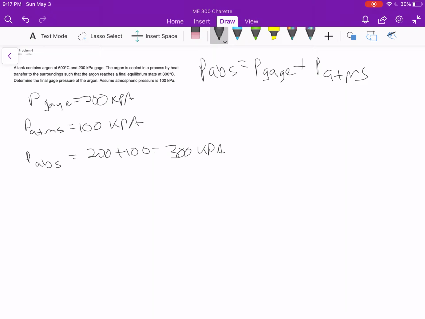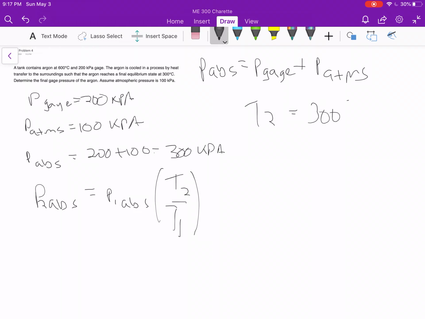Therefore, we can ignore volume and set up the equation P2 absolute equals P1 absolute times T2 over T1. Now, we know that T2 is 300 degrees Celsius and T1 is 600 degrees Celsius.